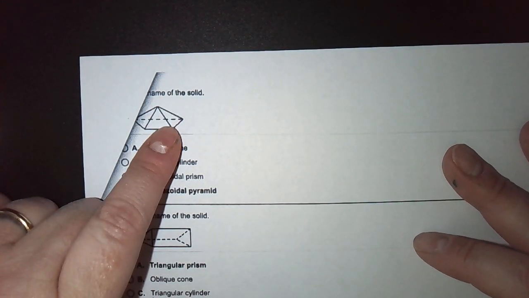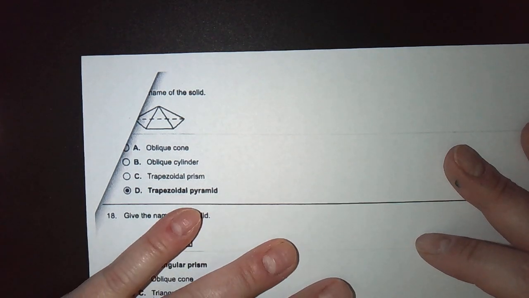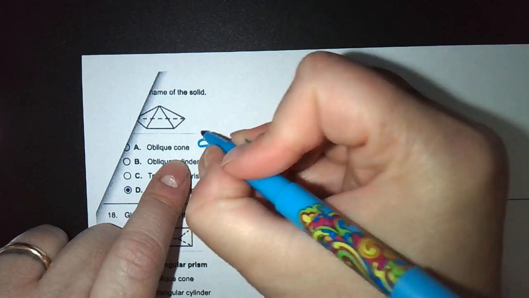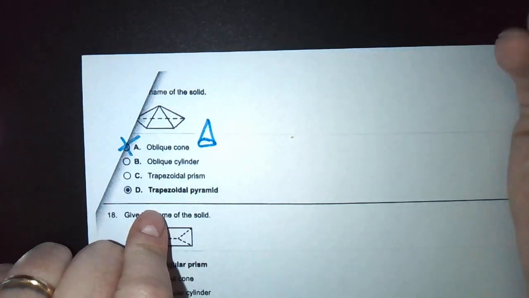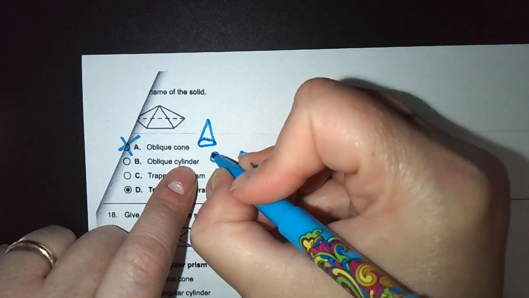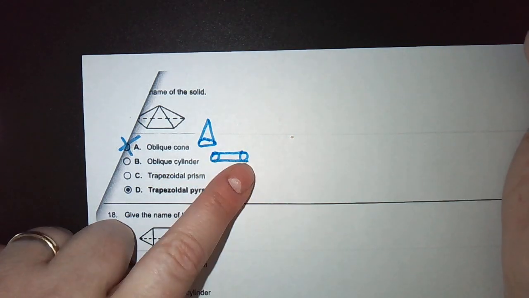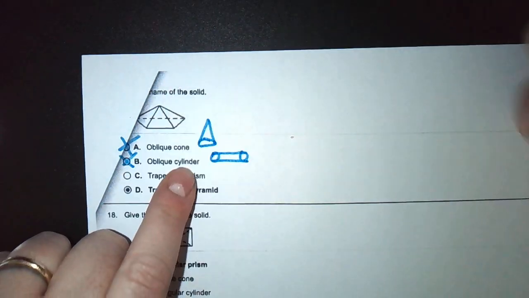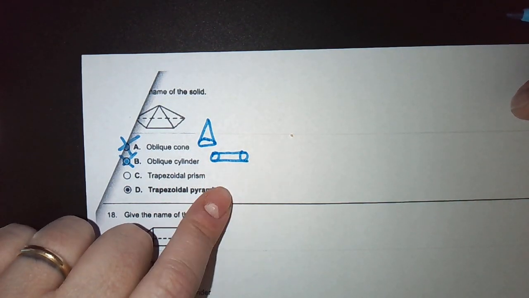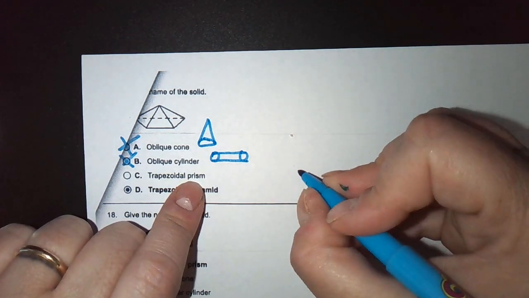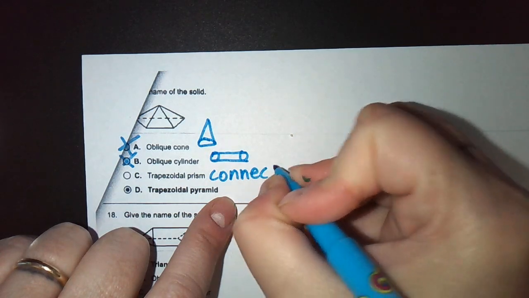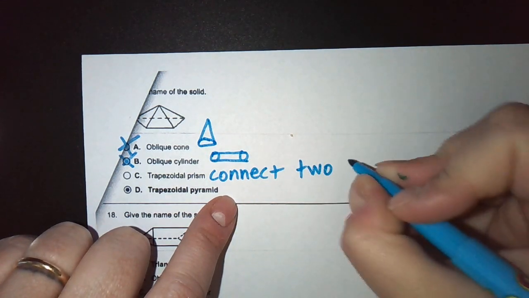Okay? This says name the solid. Okay, well, a cone, we know what that looks like, an ice cream cone. This is not it. Cylinder, we know what that looks like. It's two circles that are connected, like a cigarette. Okay, that's not our picture. Trapezoidal prism and pyramid. The difference between those is that a trapezoidal prism connects two trapezoids.